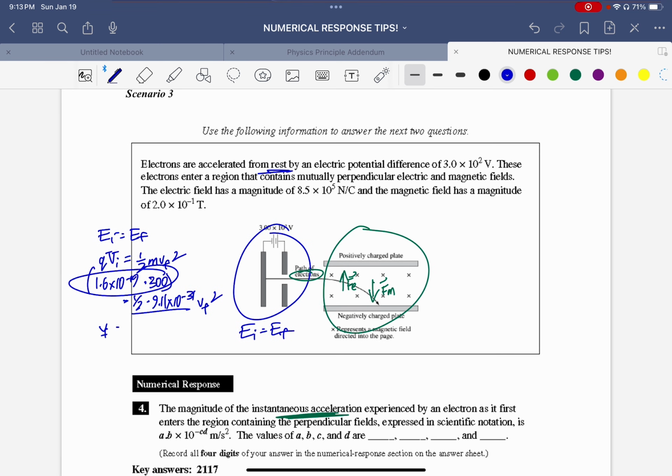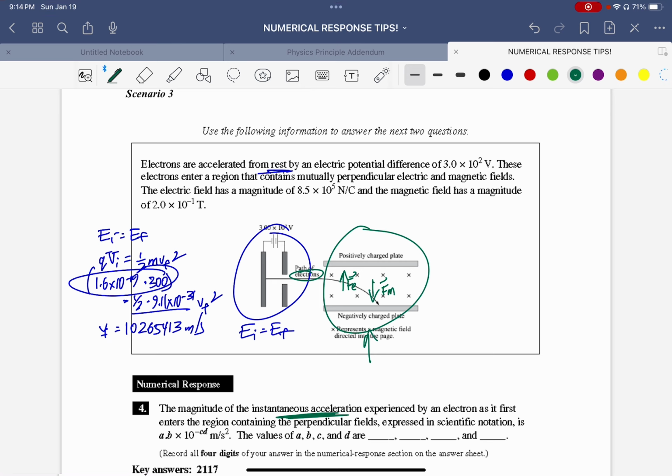That final speed as it leaves these two charged parallel plates is 102.65413 meters per second. Now, it leaves the parallel plates at that speed. It enters this electric/magnetic field combination, the green section, at that speed of 102.65413 meters per second.